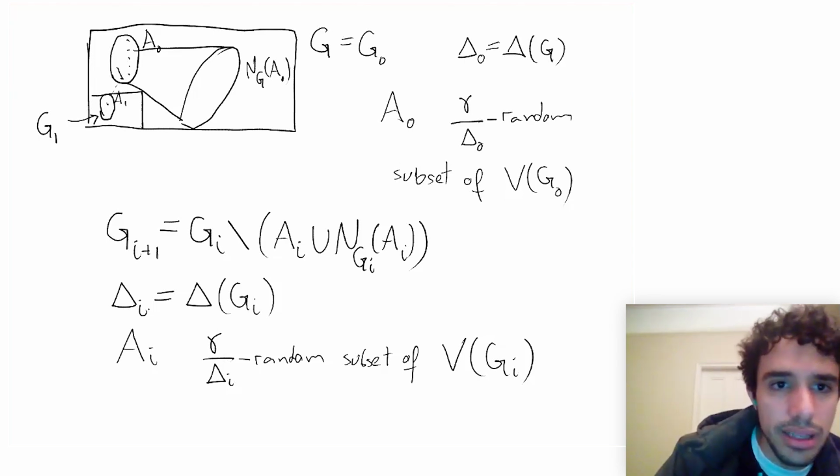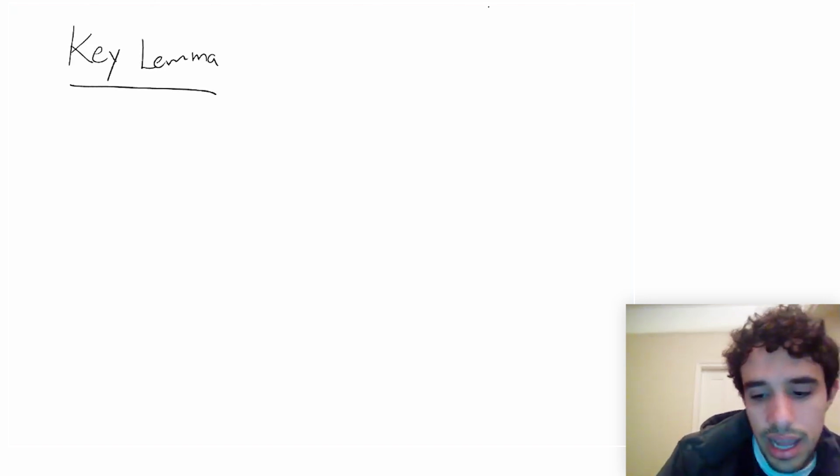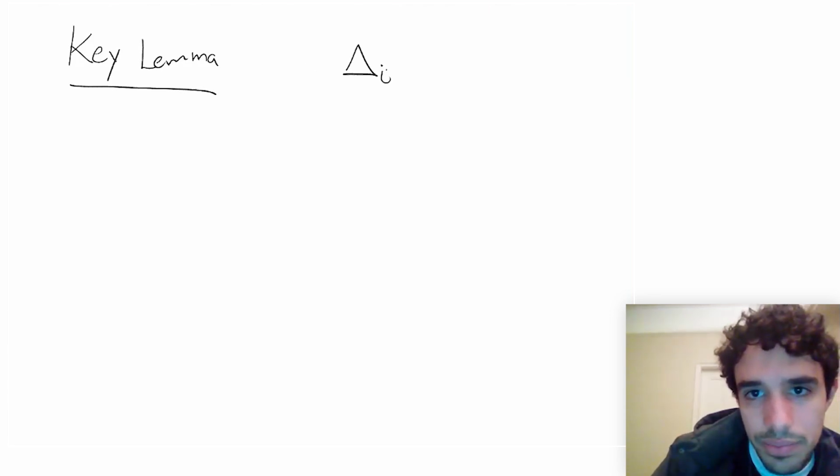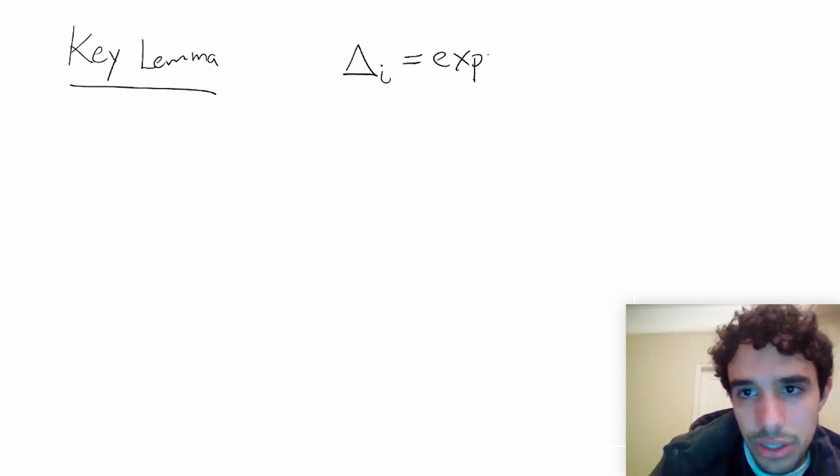Okay, and the key lemma is that delta i is going to decay like exponential of minus gamma times i.